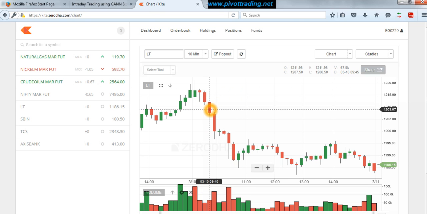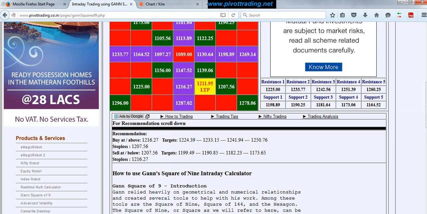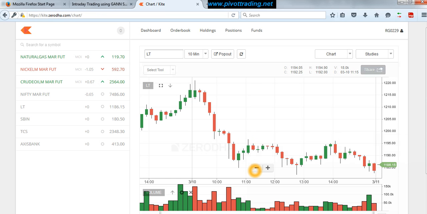In the 9:45 candle, the sell was triggered at 1207, and then there was a free fall till 1184. Let's see what levels got covered. Our targets were 1199, then 1190, then 1182. Our third target was 1182, and the script fell till 1184. So only target 2 was achieved.